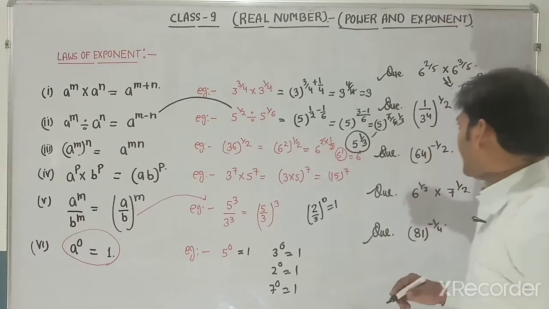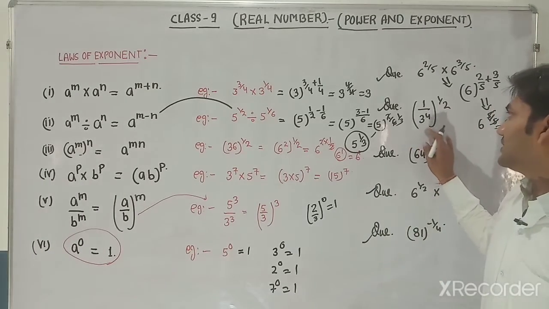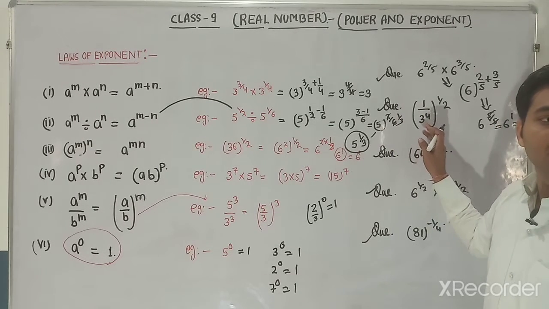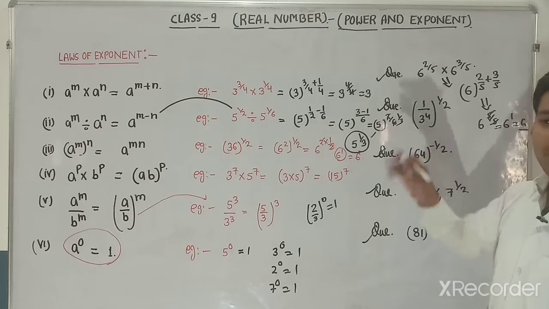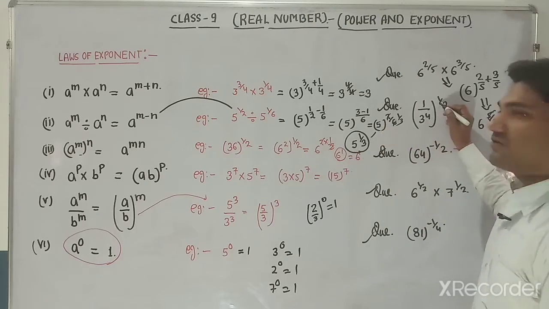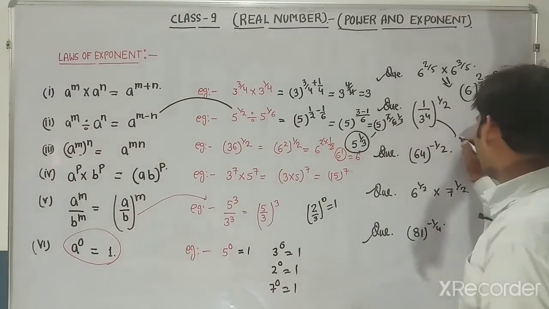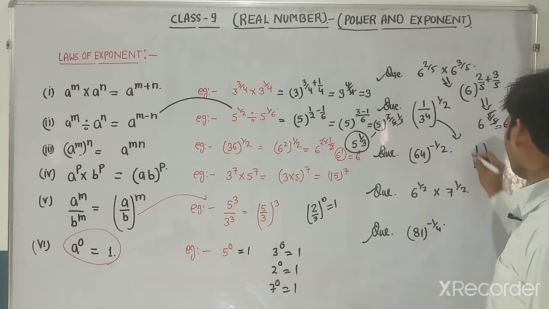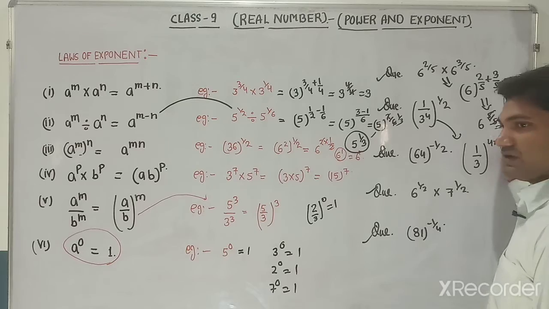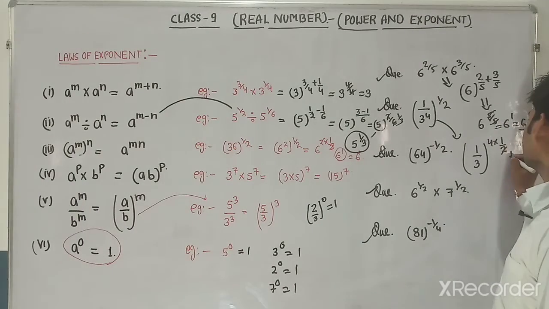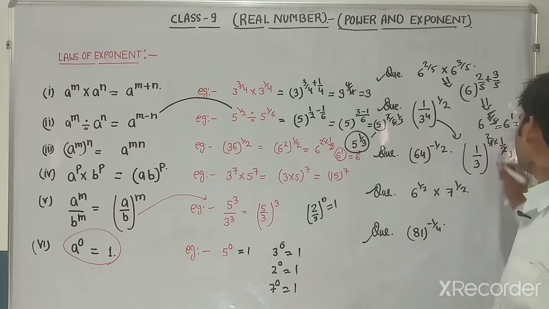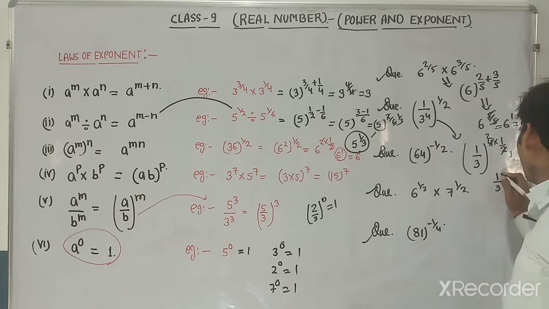Now the second question is given: (1 upon 3 to power 4) whole power 1 by 2. Then the answer will be 1 upon 3 whole power 4 into 1 upon 2. 4 into 1 by 2, 2 into 2 is 4, 2 ones are 2, so the answer will be 1 upon 3 whole power 2.